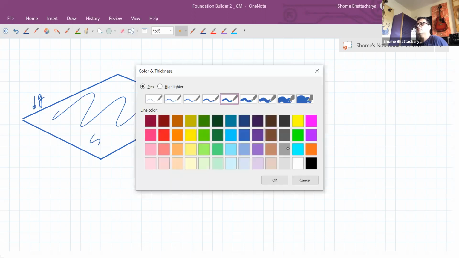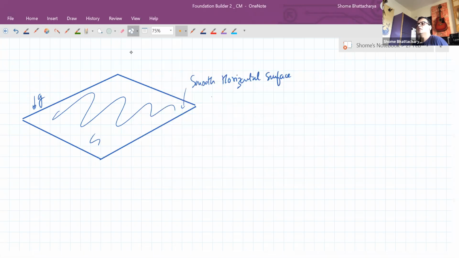Now on this, what we've done is we've taken a particle and attached it to a thread like this. So a particle of mass m is attached to a thread of length l, and the thread is attached at the other point.